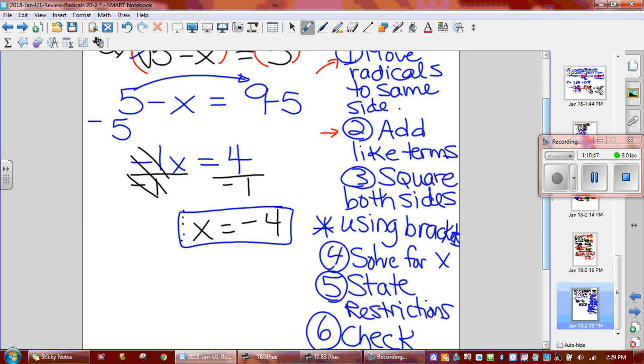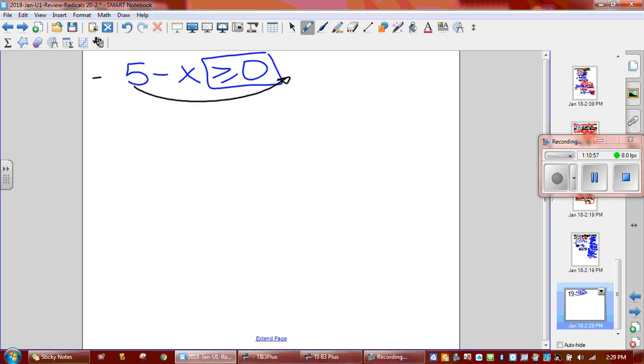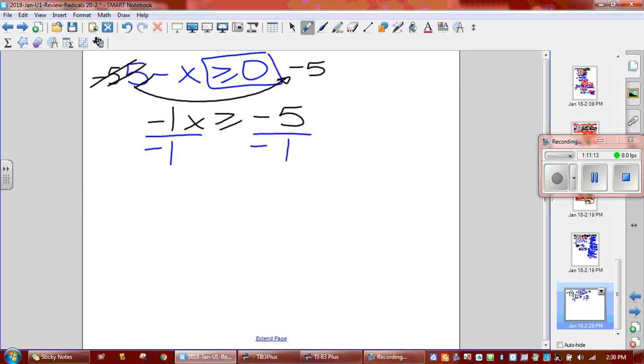Now I'm going to divide out negative 1, and we get x is positive 5. Now, when we divide by a negative, that sign's going to flip directions. So that's saying the condition is the variable must be equal to 5 or smaller in order for this to be a true solution. So now we're going to do the check to see if it is a true solution. We got for a solution x is equal to negative 4. So now we need to check the solution.